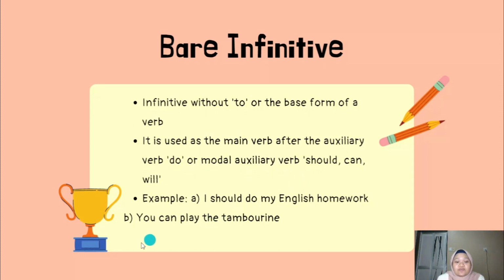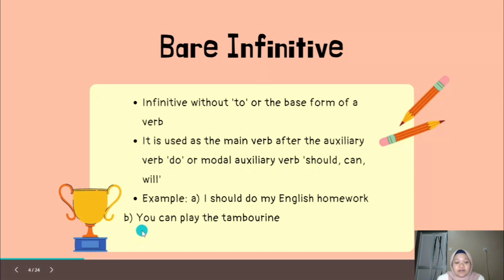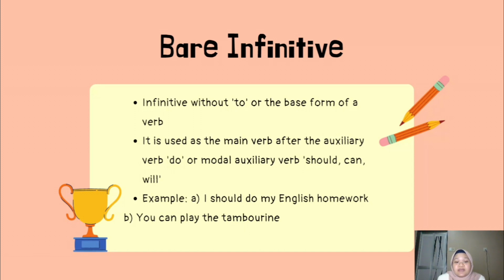You can play the tambourine. I could play the tambourine. May I play the tambourine? That is how we use the verb after the auxiliary verb do or modal verbs.